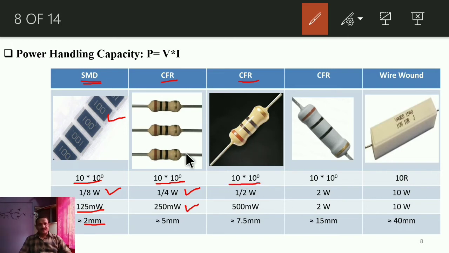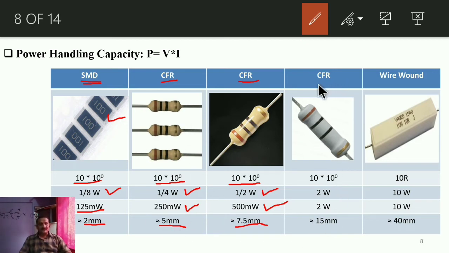But if you compare the sizes of these three, you will observe this one is somewhat larger compared to the previous two, right? And that's why here you will observe the power handling capacity is half watt, or we can say 500 milliwatt. Now the size also gets increased, so it is written as 7.5 mm, whereas the previous one, of the same resistance value, was only 5 mm.